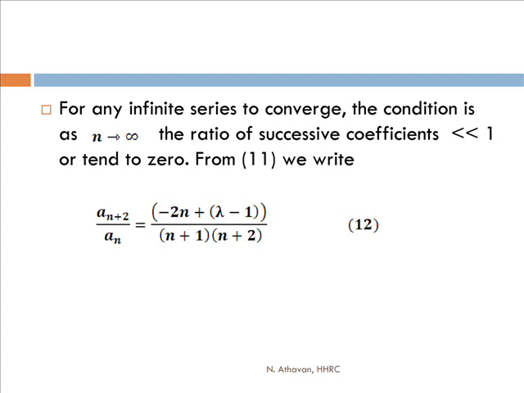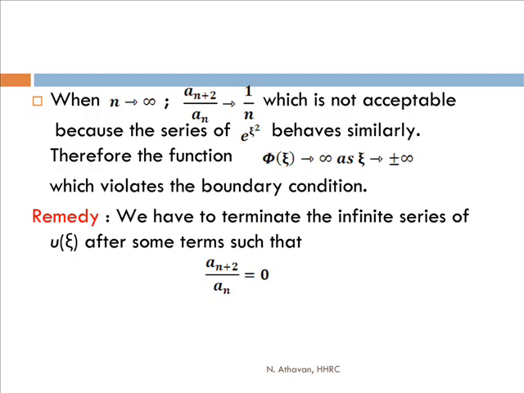As n tends to infinity, a_{n+2}/a_n for our case is going like 1/n, which is not acceptable because this has a similarity with the series expansion of the function e power xi square. Therefore, the total function phi of z as z tends to infinity violates the boundary conditions, because at the boundaries phi of z should be 0.